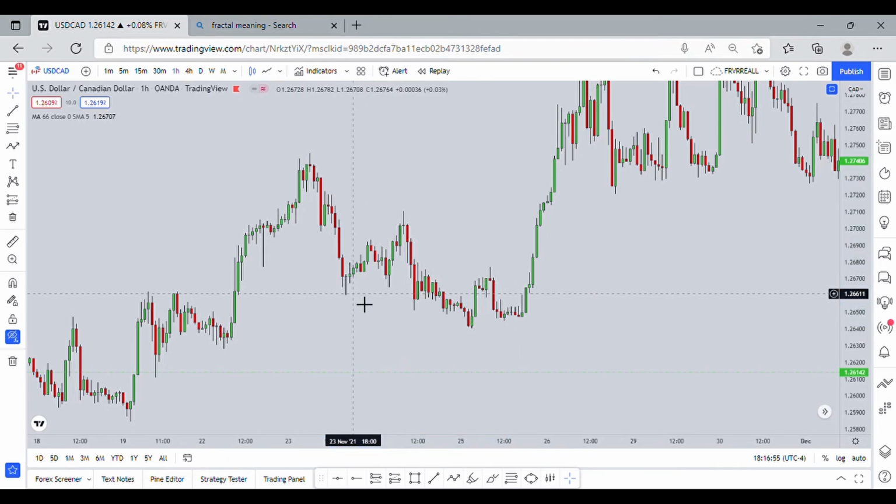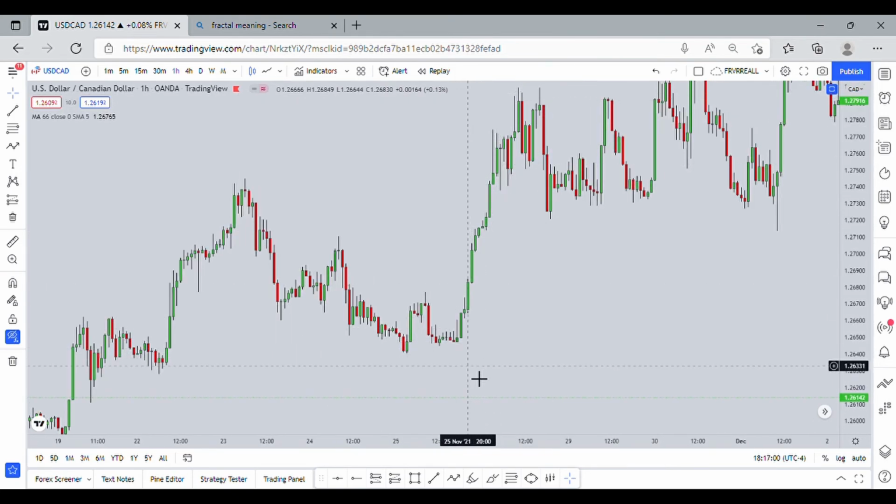Do not get frustrated whenever you see something like this within an uptrend, and whenever you see a move like this. So do understand that the markets are fractal, right? They do have smaller trends on lower scales, on lower time frames, and they have big trends on higher time frames, and they do have trends within trends: higher time frame trends, lower time frame trends within higher time frame trends.